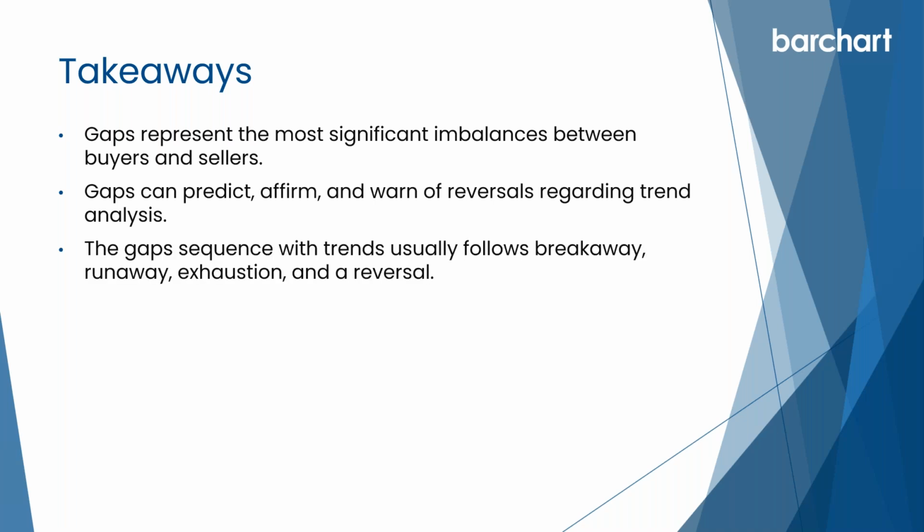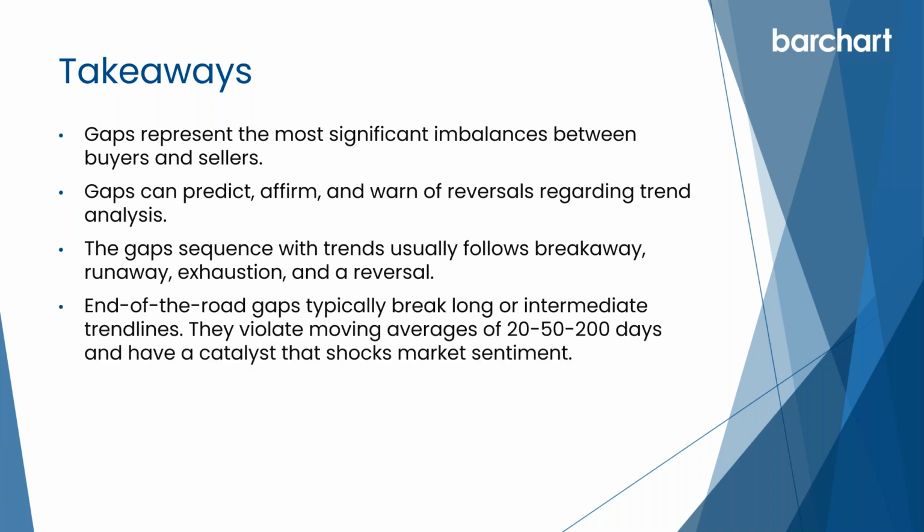And remember that cycle of gap sequencing: breakaways, runaways, exhaustions, and reversals. Not all end of the road gaps are island reversals, but you will see a lot of them. And end of the road gaps typically break that very discernible long-term or intermediate trend line.